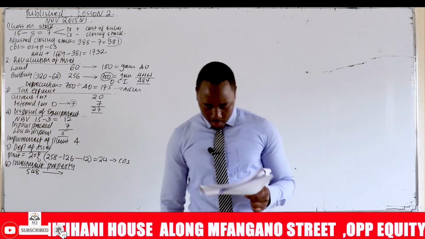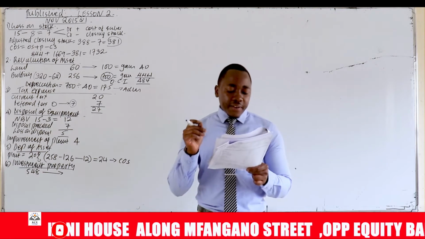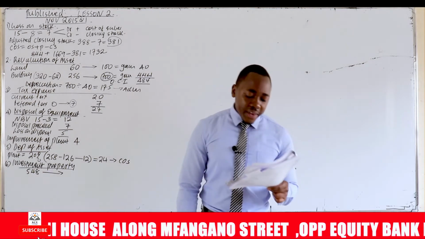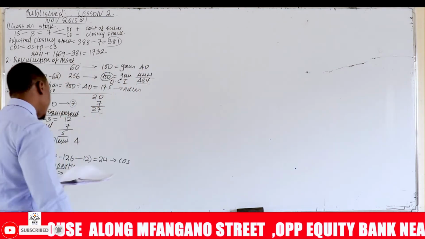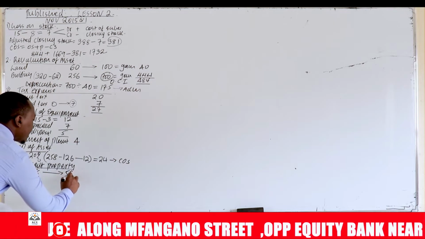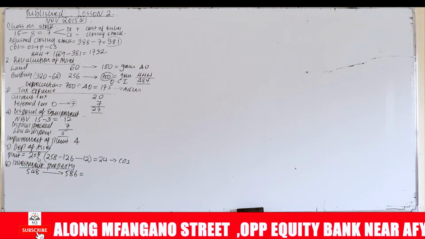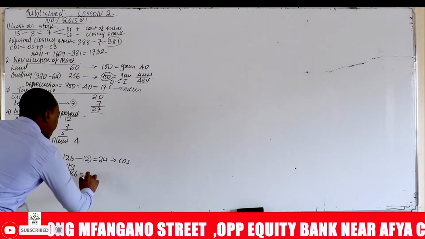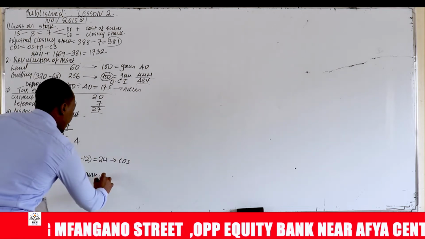Number 6, we are told that Dora Limited values investment property at fair value. The fair value of investment property as at 31st December 2014 was 586. Was there a fair value gain or a fair value loss? So there was a fair value gain, an amount of 38.